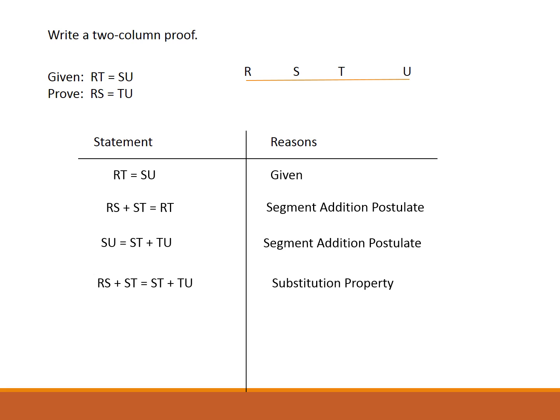Now, do you notice something that's very much alike in that statement there? ST. So that means we're going to subtract ST from both sides. And the reason why we can do that is because of the reflexive property. Now, a lot of times we will skip this one, but we're showing it so that you know why I did that.